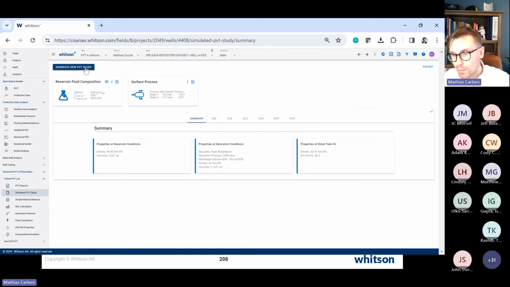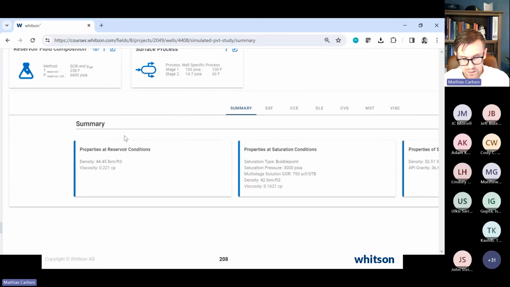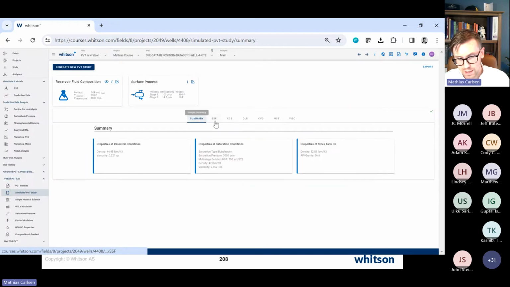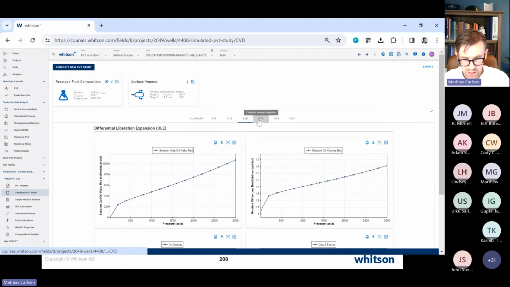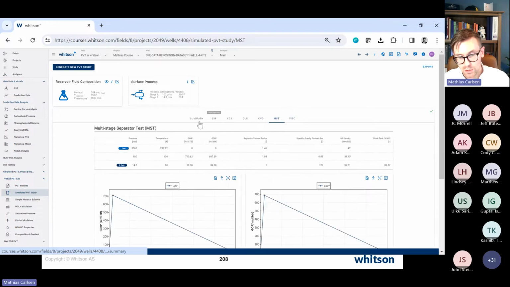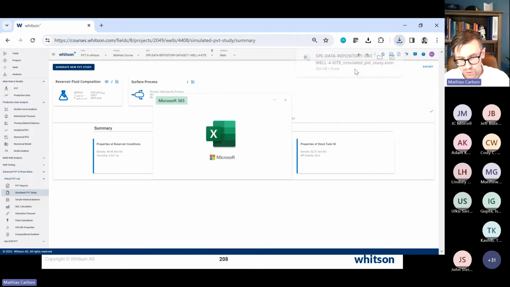What that basically does is that it says, okay, I didn't have PVT data here, but I could generate something that's equivalent to a PVT study synthetically with this composition and with the equation of state. And here you basically get an equivalent of a full-blown PVT report. You have the CCE experiment, you have the DLE, CVD, viscosity experiment, etc. And you could actually even export this into a file that looks very similar to an actual PVT report.